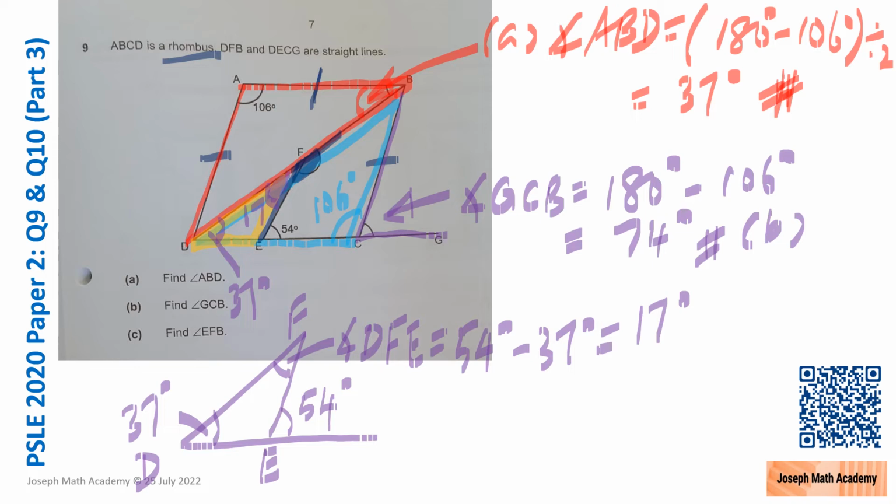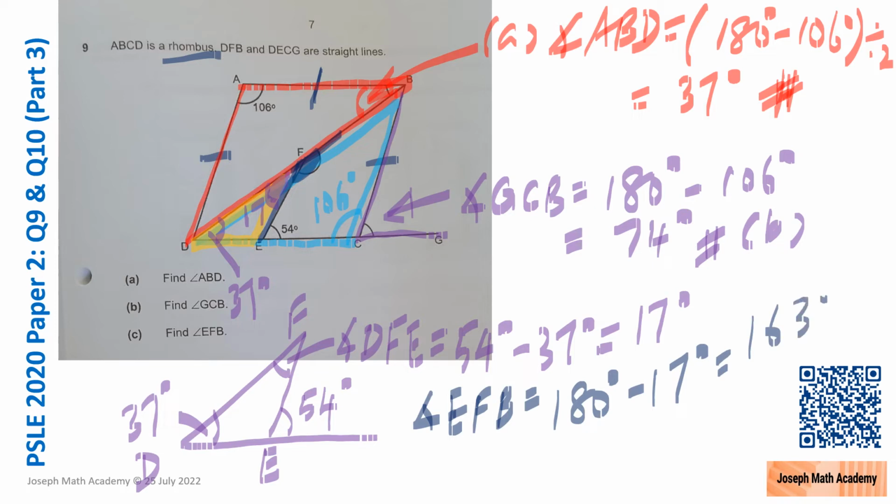So angle EFB should be 180 degrees minus 17 degrees, which is 163 degrees, using the property sum of angles on a straight line. So part C is done. In fact, question 9 is not difficult. Let's move on to question 10.